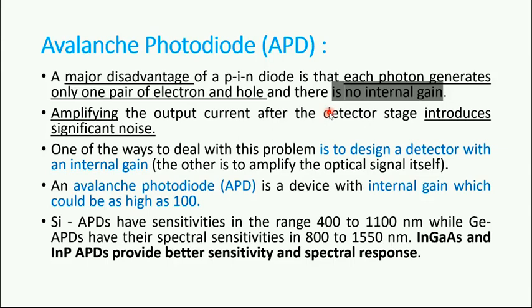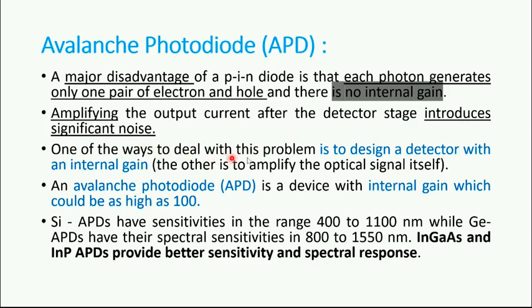One photon generates one electron-hole pair, so there is no internal gain. We get the photodiode current IP, and we can amplify the photocurrent, correct? We can use a current amplifier, but amplifying the output current after the detector stage introduces significant noise. The amplifier is a noise source, right?